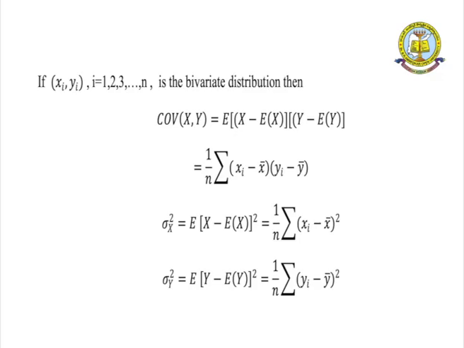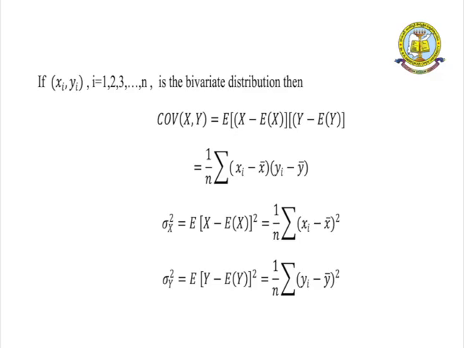We can write covariance of x comma y is equal to expectation of (x minus expectation of x) times (y minus expectation of y). That we can write numerically as summation over 1 by n of (xi minus x bar), where x bar is the mean, times (yi minus y bar). That is the covariance value.